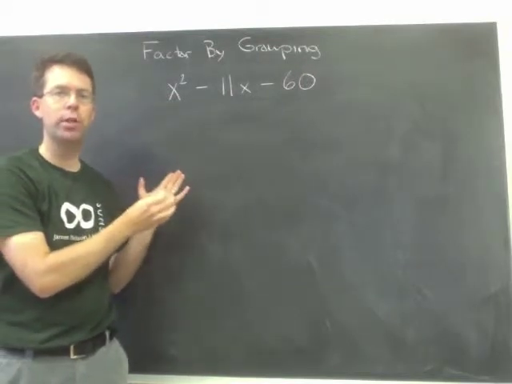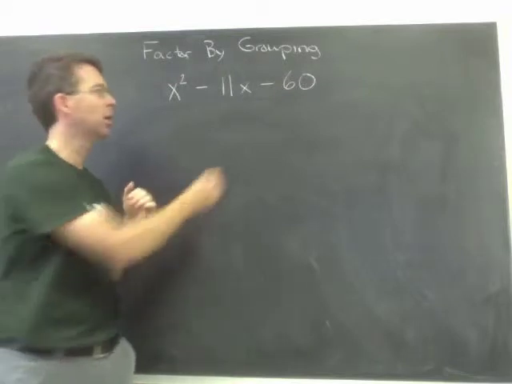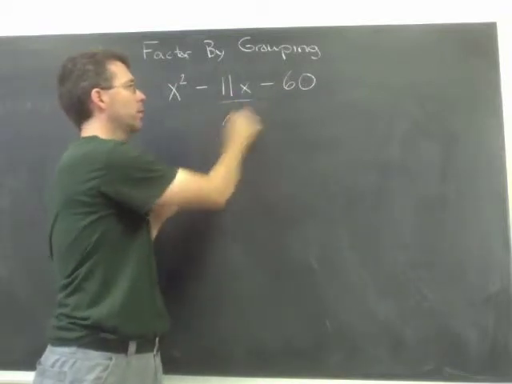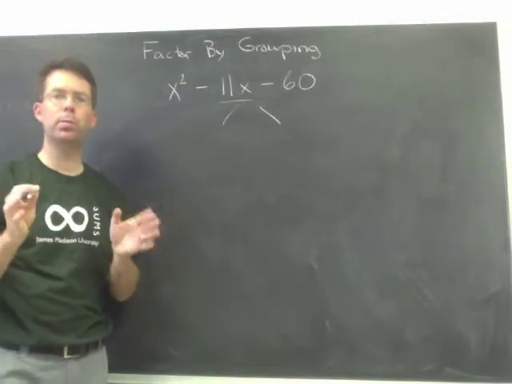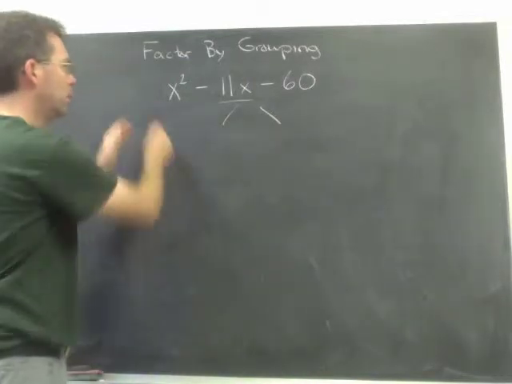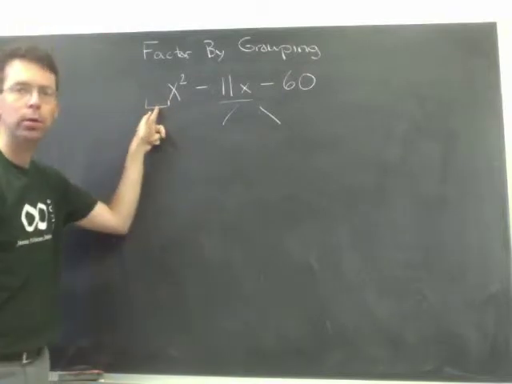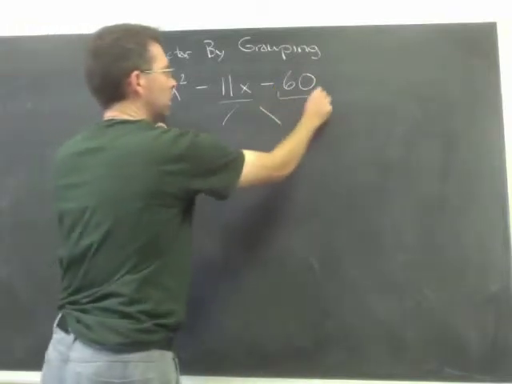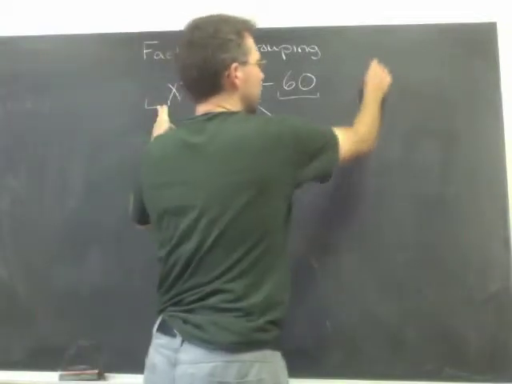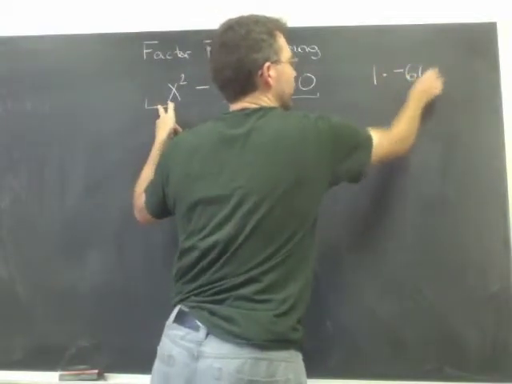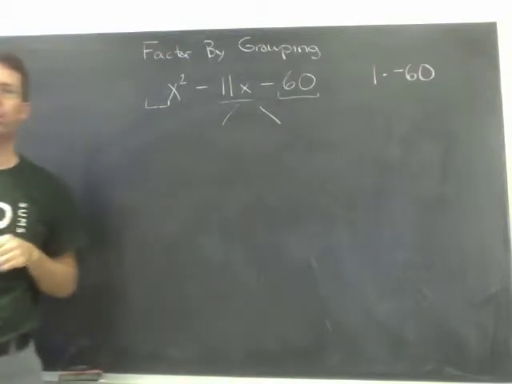Now the strategy is we're going to introduce four terms by splitting 11x into two pieces. And the way that we find those two pieces is I look at the leading coefficient times the constant term, and in our case that's 1 times negative 60, which is negative 60.